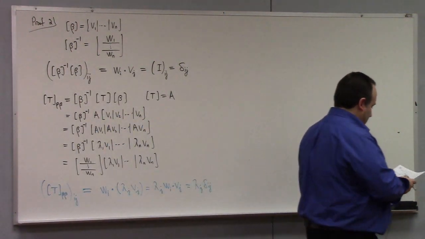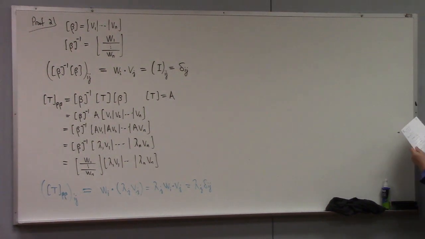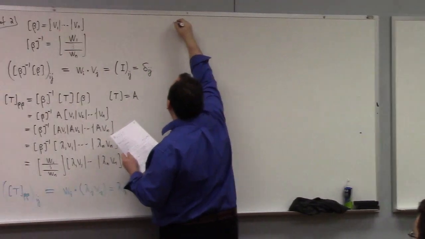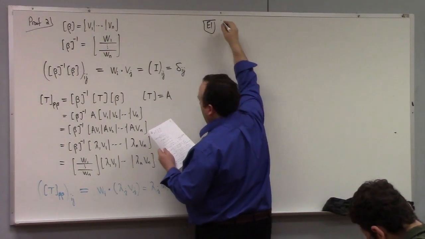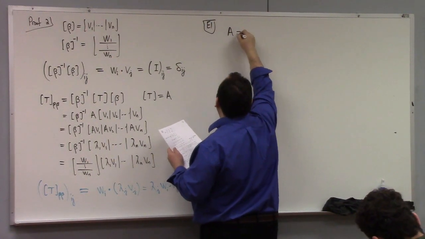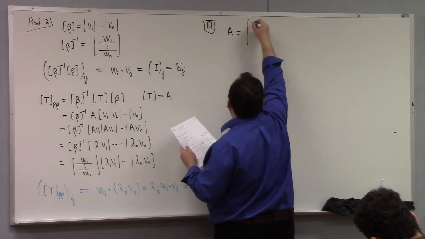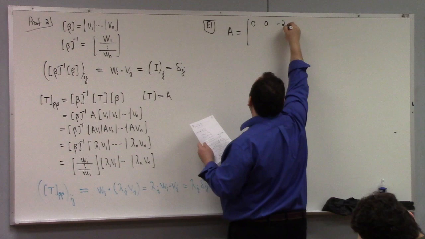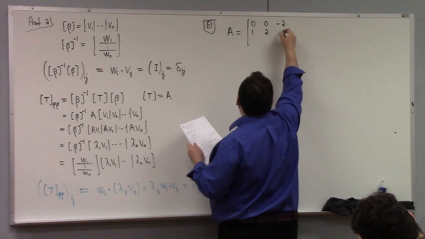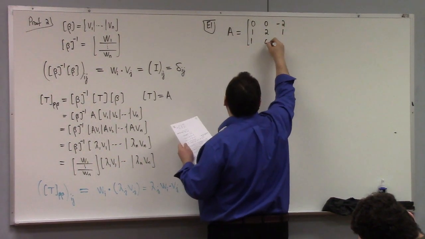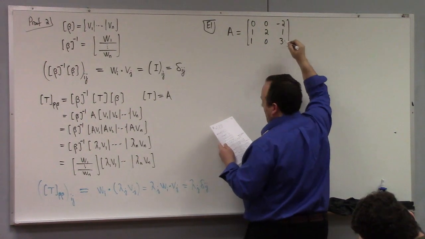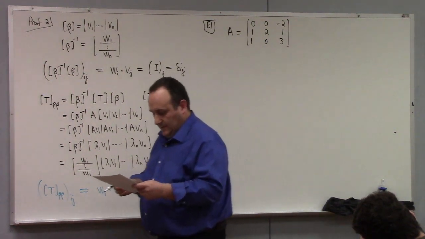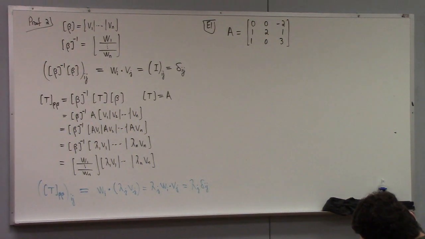All right, so example 1 for today. Let me see here. Where should I work this? I guess I can work it here. Example 1. Let us look at the matrix A equal to [0, 0, -2; 1, 2, 1; 1, 0, 3]. Our goal is to find the eigenvalues and eigenvectors.